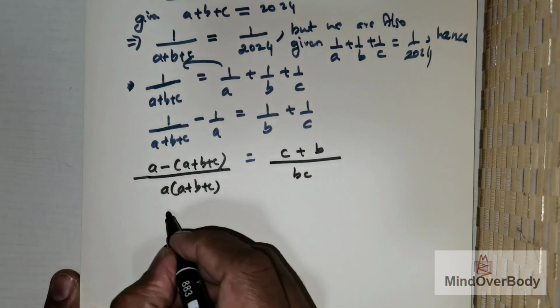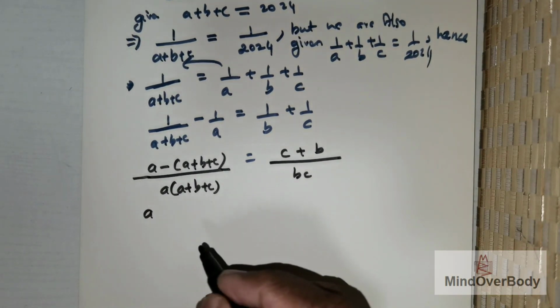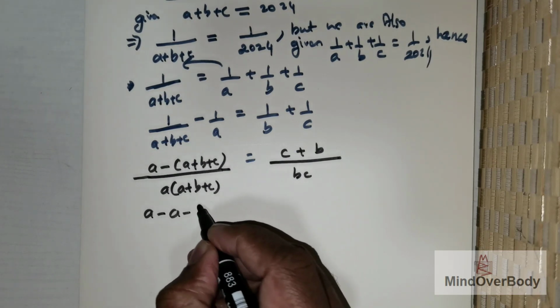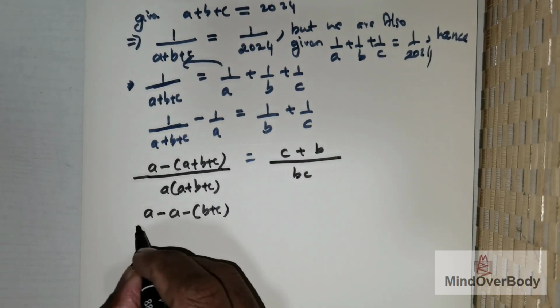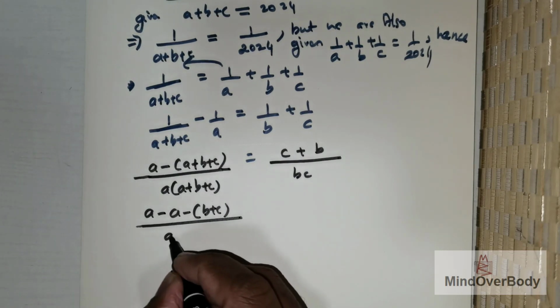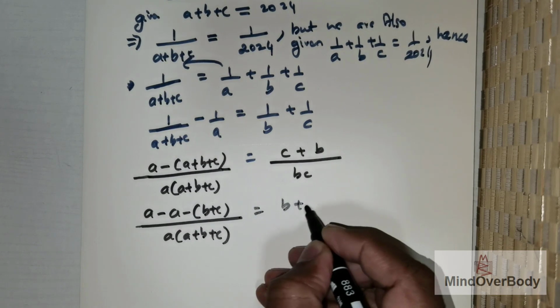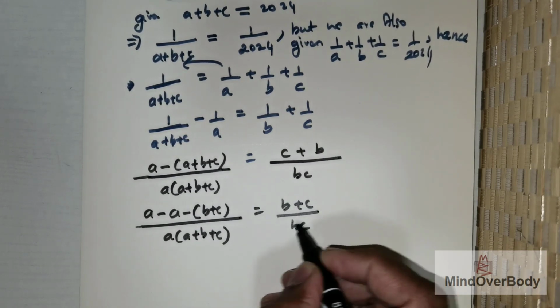Now remove the parenthesis. So this is going to give me (a - a - b - c) divided by a(a + b + c), which is equal to (b + c)/bc.